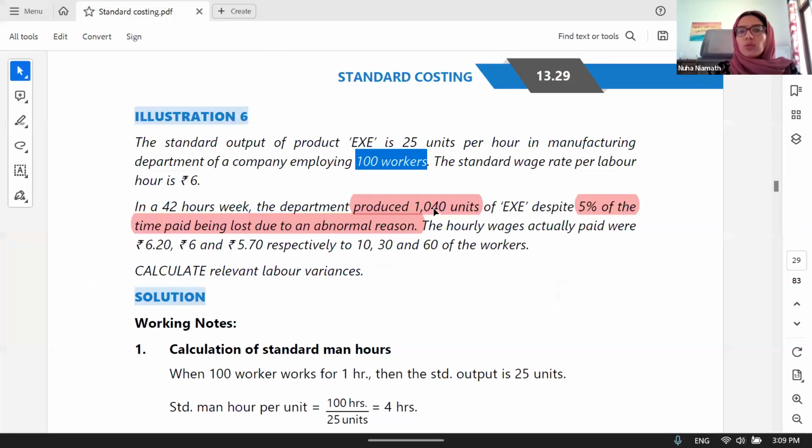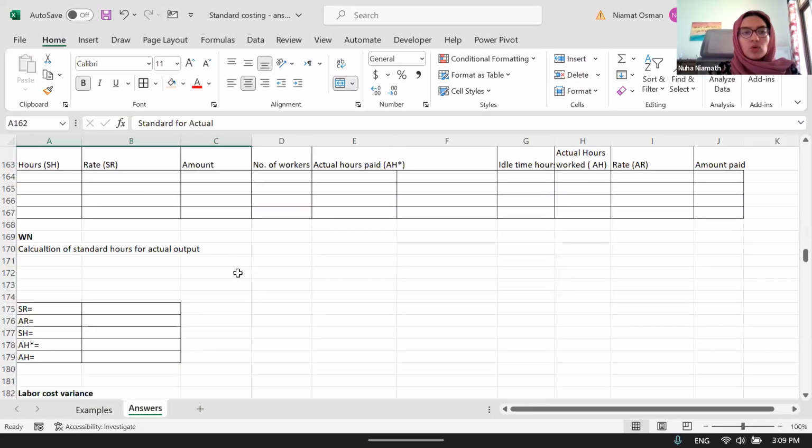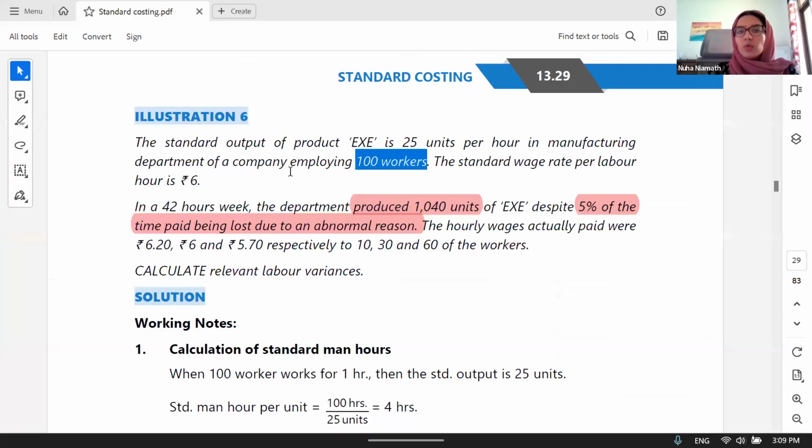What is our actual output? 1040 units. So what are the standard hours for the actual output? We know that the standard output for product X is 25 units in 1 hour, correct? The department has produced 1040 units.